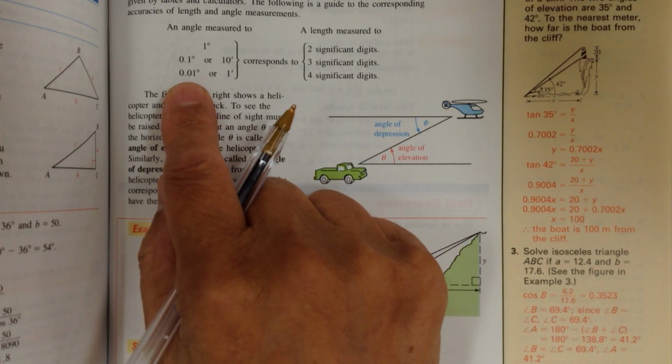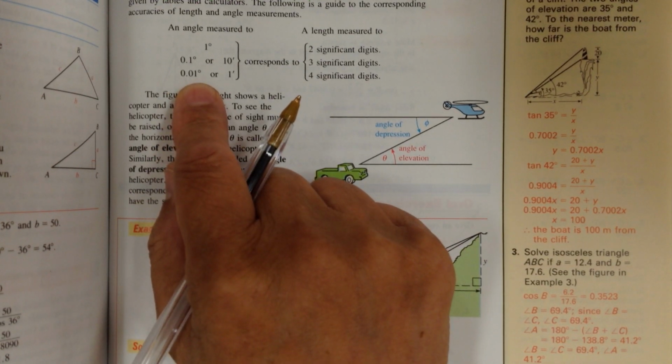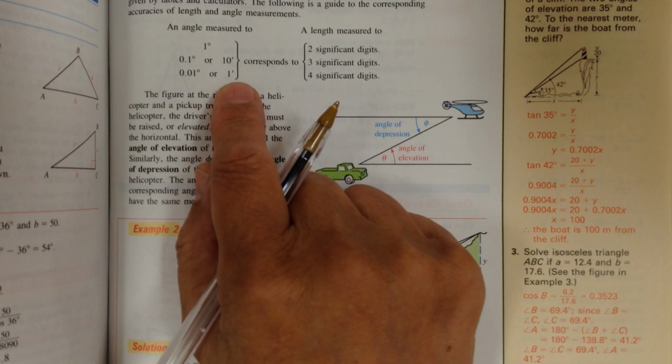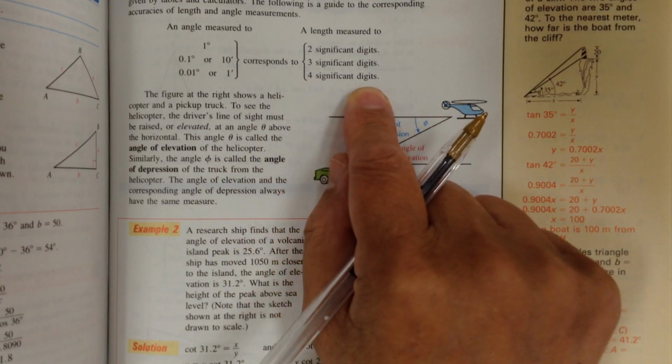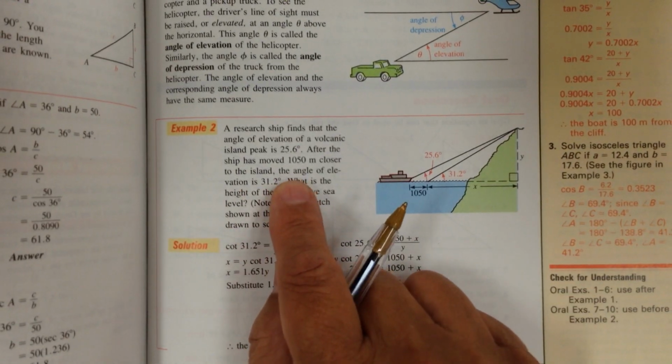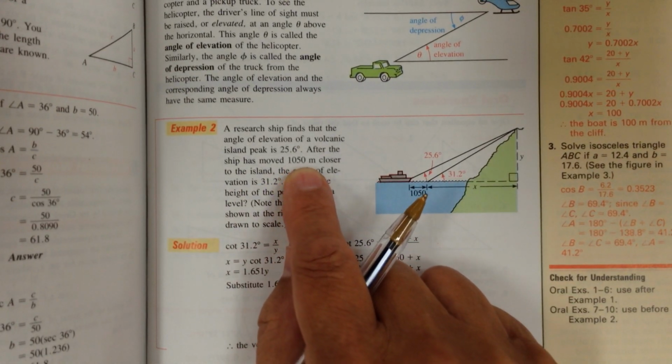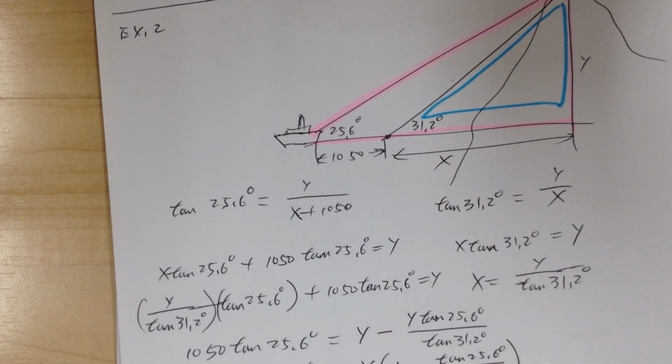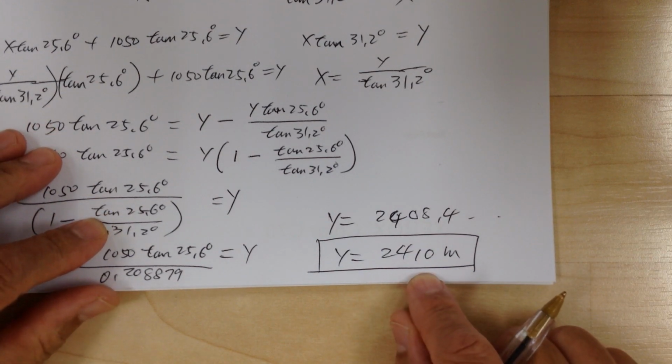If the given involves 0.01 degree or 1 minute, then you want 4 significant digits. Again, if you're not sure, just follow what it's giving. Over here, it rounds off to the nearest 10 meters, so you round off your answer to the nearest 10 meters, and you get 2410.